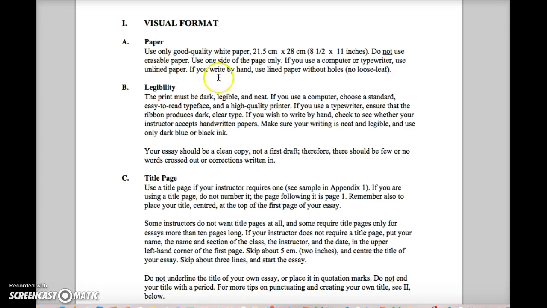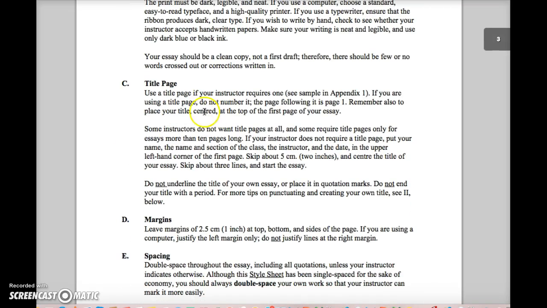So basically, here you just need to know standard paper size. Title pages, I don't require title pages, so unless your instructor tells you to submit one, you don't need to. So I don't need you to include a title page with your essays for this class.